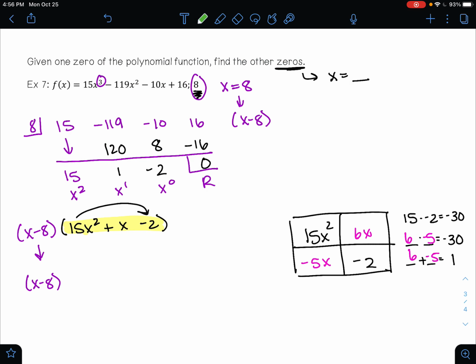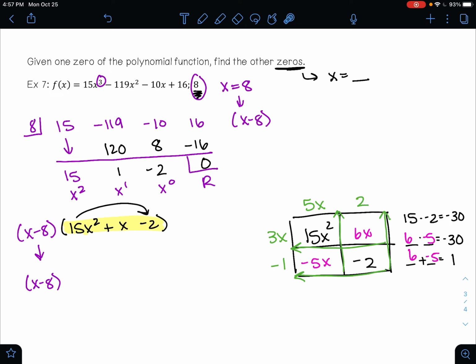15x squared and 6x have a GCF of 3x. Negative 5x and negative 2 have a GCF of negative 1. 15x squared and 5x have a GCF of 5x. And then 6x and negative 2 have a GCF of 2.